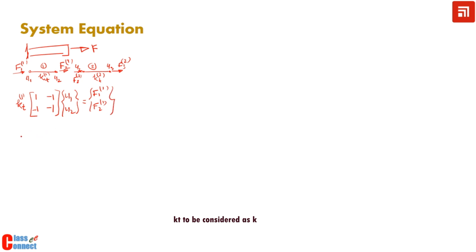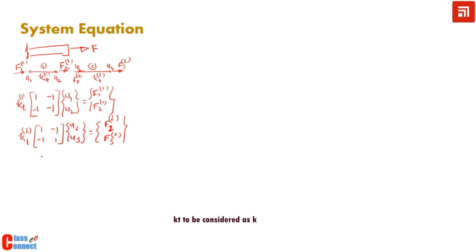Similarly, for element number 2, it is k2 times [1 −1; −1 1] times {u2, u3}, equal to {f1, f2} of element number 2 and f3 of element number 2.